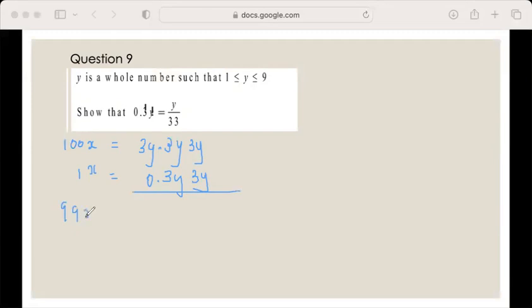So 99x is equal to 3y, because these end up as 0. So x equals 3y over 99. Both can be simplified by 3. 3y divided by 3 is just y. 99 divided by 3 is 33. As you can see, we just proved that. Let's go to the next question.